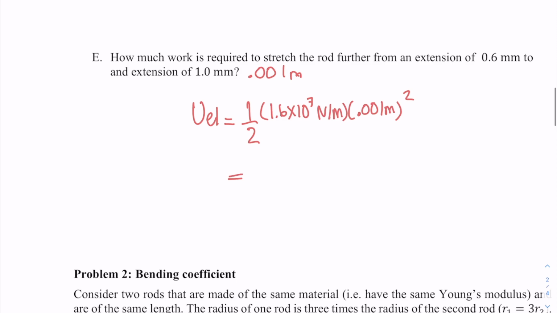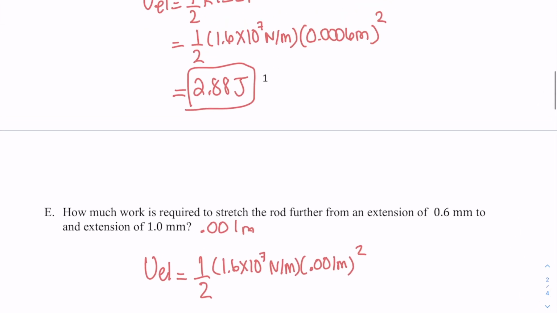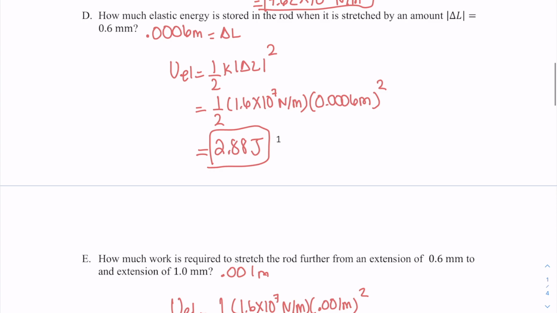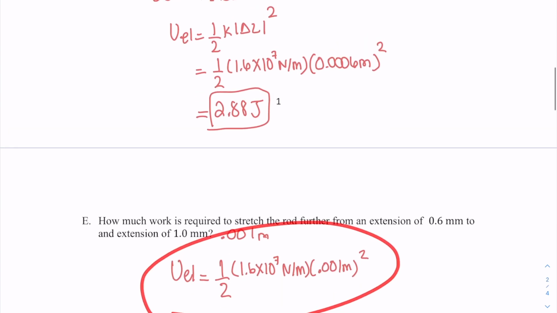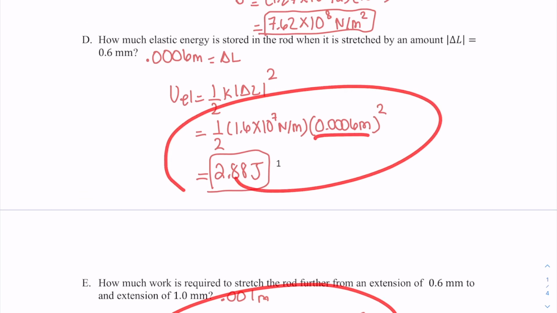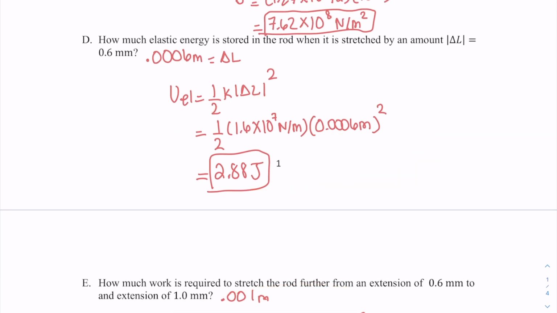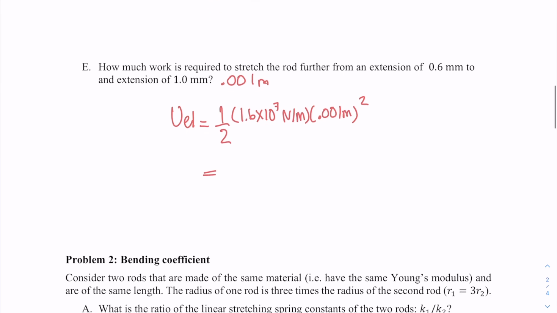Whatever we get for the elastic energy, we can subtract 2.88 from it, because this value will inevitably be bigger than this value, since the extension is a lot bigger, 1 millimeter versus 0.6. Let me calculate that out, and please calculate on your end as well, just so we're all on the same page.